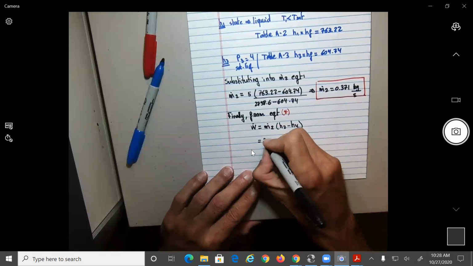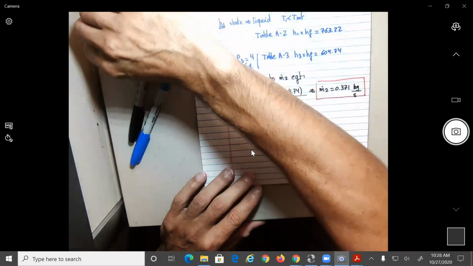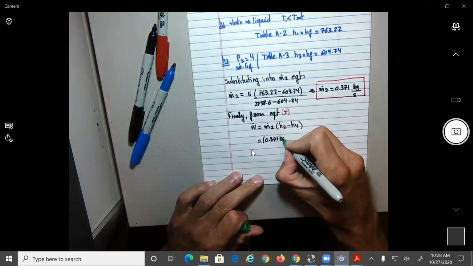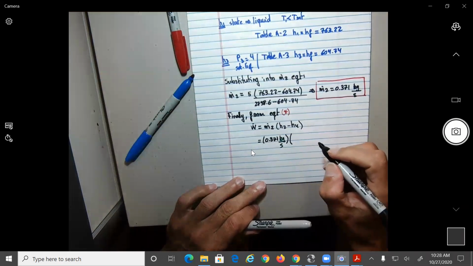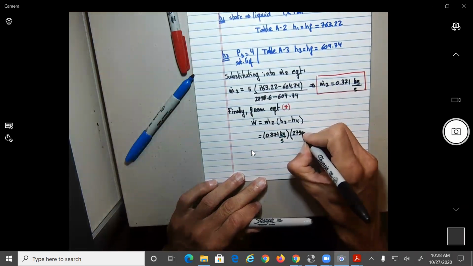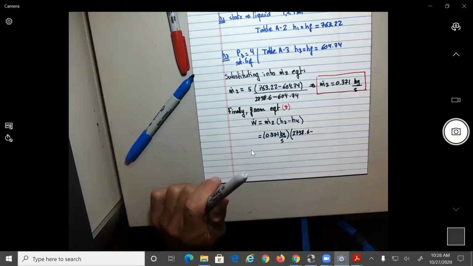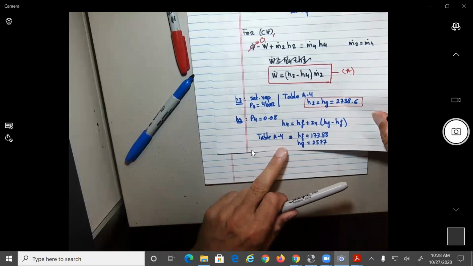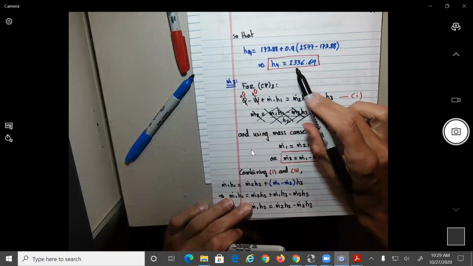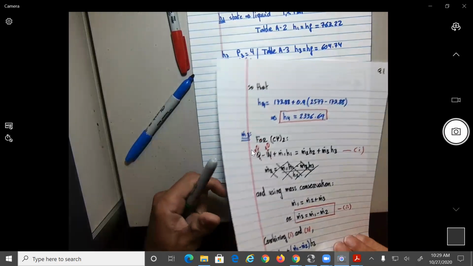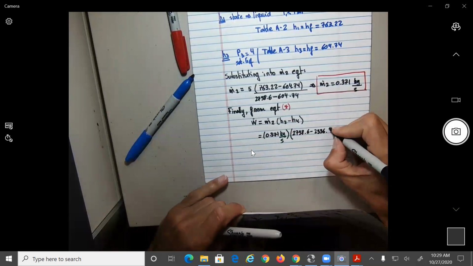So we have M2 equal to 0.371 kilograms per second times H2, 2738.6 minus H4. H4, what we found before, H4 to be equal to 2336.69.